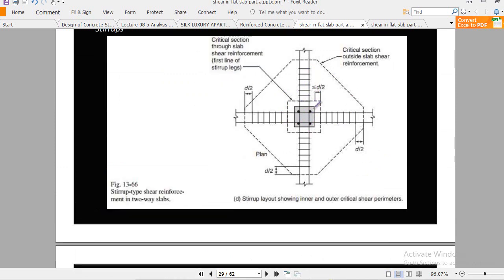The first stirrup should be provided at a distance of less than d by 2, and this is our exterior critical section. From that exterior critical section, the last stirrup should be at a distance of d by 2. Clear?